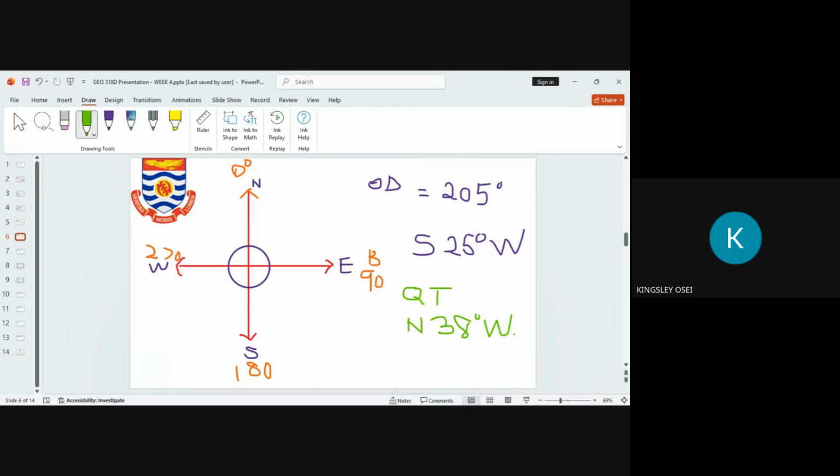Anti-clockwise. Yes. Meaning that the angle is reckoned anti-clockwise. So how do I move from the north towards the west by an angle of 38 degrees? It means my line somehow should be here.